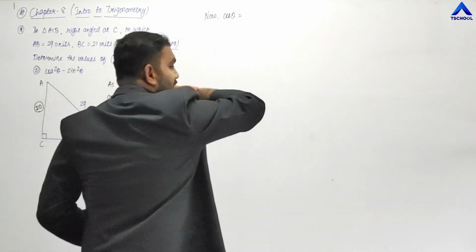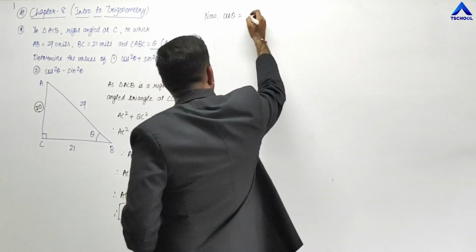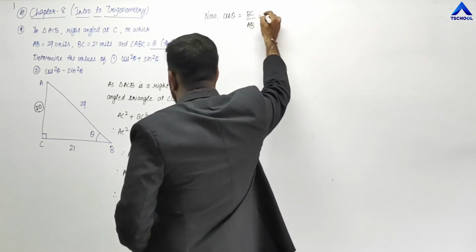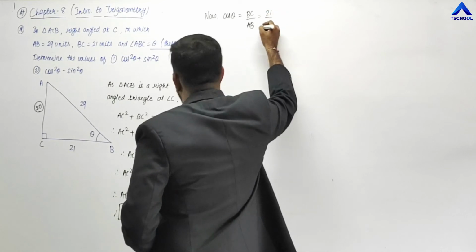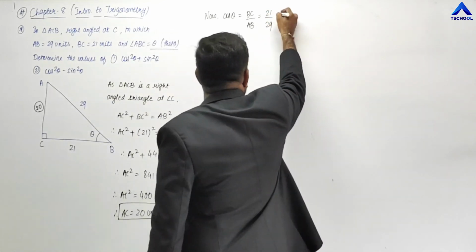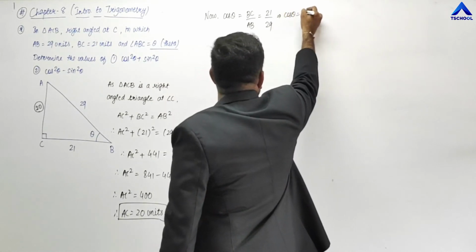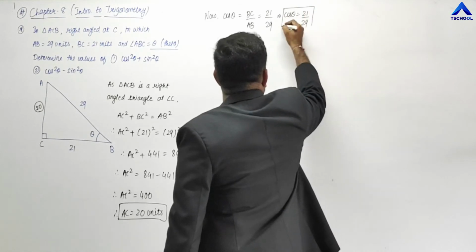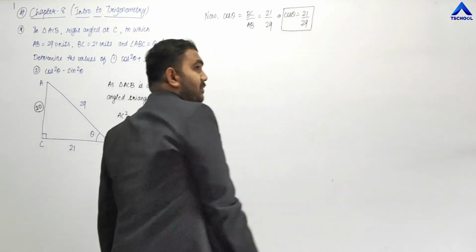So in place of cos theta we can write BC upon AB. What is BC, friends? 21, and AB 29. So directly we get that cos theta equals 21 upon 29.